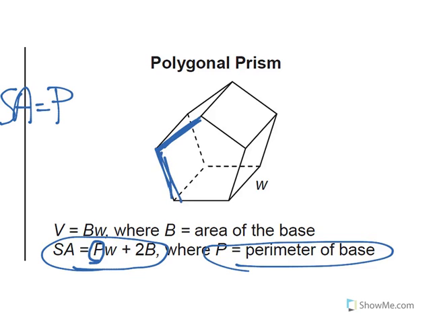So I take my special shape. What shape makes it what type of prism? This is a pentagonal prism. So I would find the perimeter of that shape. And what that does then, I multiply it by the width. And again, width is the depth of my prism.